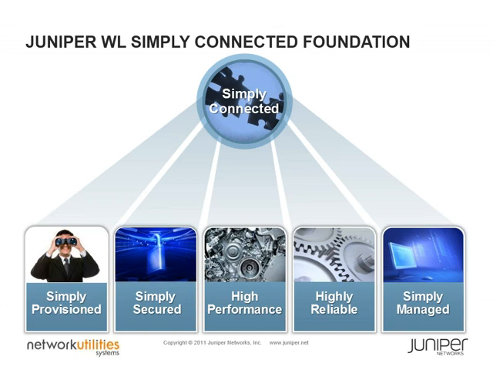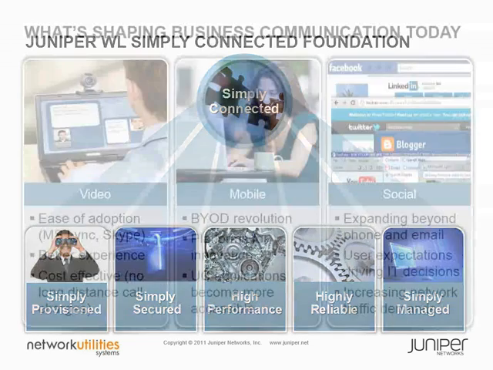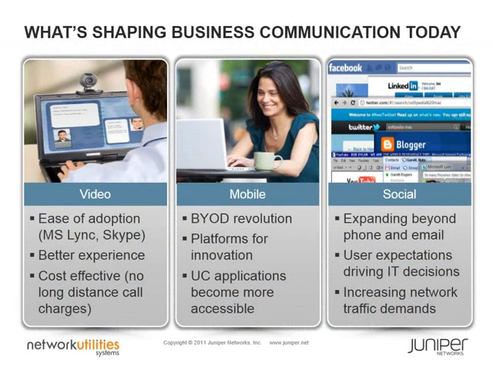But only Juniper Networks has made a move to simplify how these various network elements interact by introducing innovative software and hardware that communicate end-to-end in one cohesive ecosystem, thereby providing what you're seeing on the slide: simple provisioning of network elements and users, simple and integrated security, high performance and scalability, which we're discussing today, reliability and simple management.